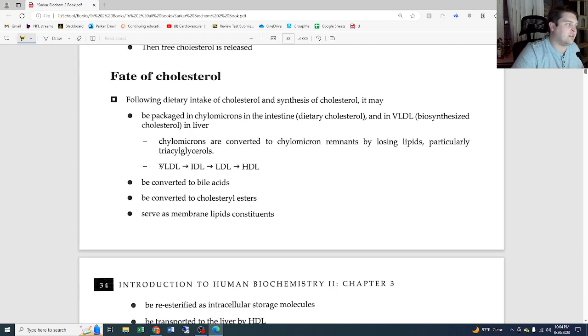The proteins are very, very dense, and adding all of the fats makes it less dense. That's why it goes from high cholesterol to low cholesterol. You'll get asked a couple of simple questions on these, like which of the following has the most cholesterol in it, or which of the following is considered the good cholesterol. HDLs are the good cholesterol. VLDLs have the most cholesterol of them.